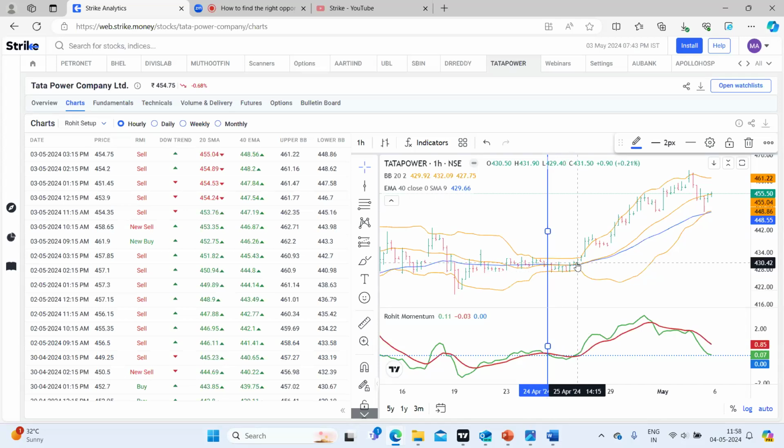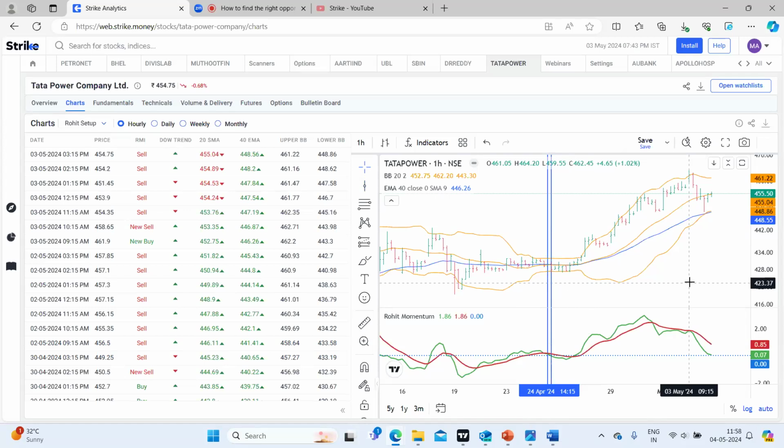So what happened is at end of day I took a trade in PE because it had given a sell crossover with the confirmation of closing below both the moving averages, and it was a bearish candle. And then the next day, end of day, it gave a bullish crossover.